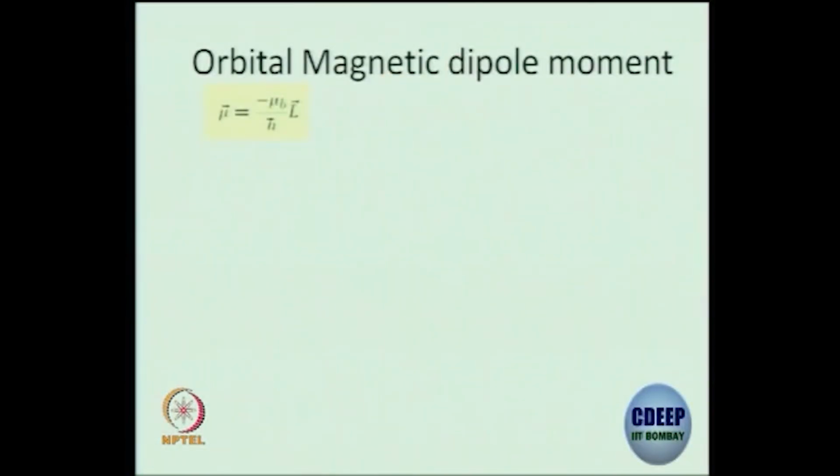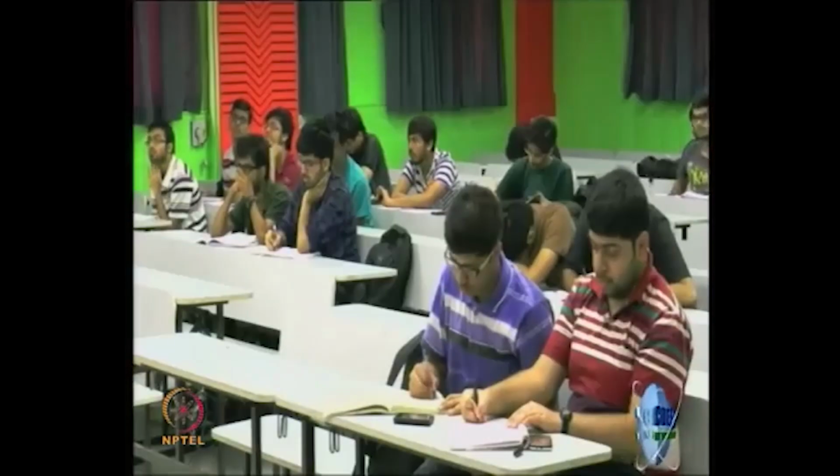Sure, you all know this, right? Bohr magneton multiplied by the orbital angular momentum is the magnetic moment. This is the Bohr magneton. L is the angular momentum.